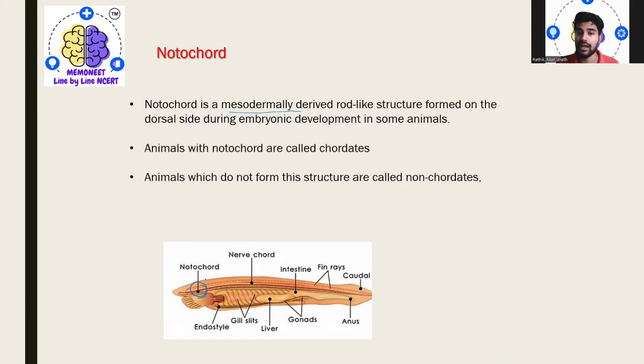We need to remember this definition. Animals which have a notochord are called chordates, and animals which do not have the notochord are called non-chordates, and we will study them in depth later by taking some examples.